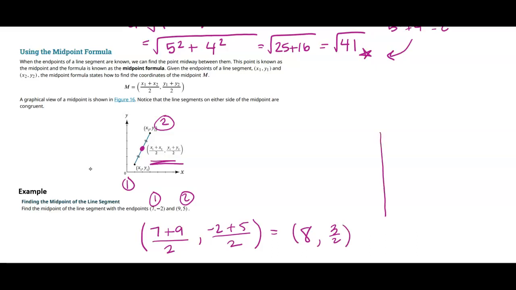And so if I were to try to figure out where the midpoint between this segment and 9, 5 would be, it makes sense that if I have an x of 7 and an x of 9, that the midpoint would be an x value of 8.